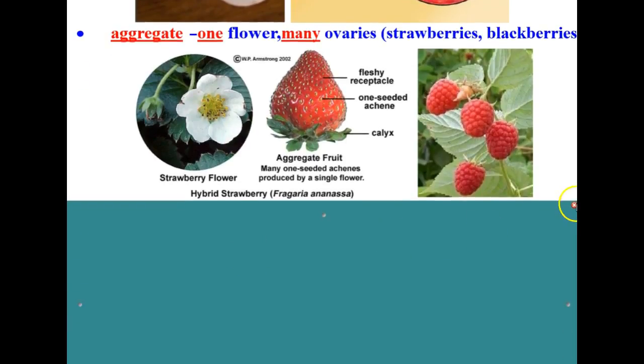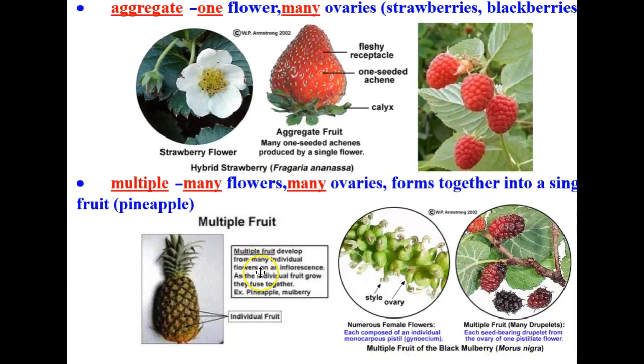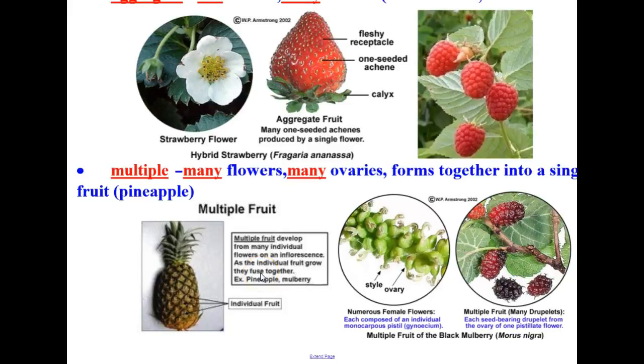And then the last one, the third, is the multiple fruit. Multiple fruits have many flowers and many ovaries that form together into a single fruit. An example of this would be the pineapple. Take a look at this. This is the flower of the pineapple, and you can see each of these is a single flower.